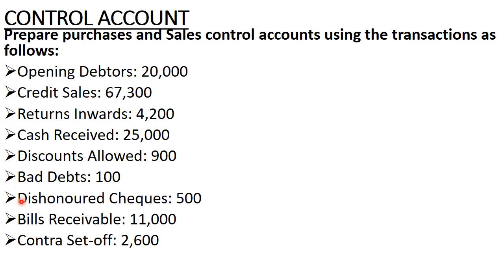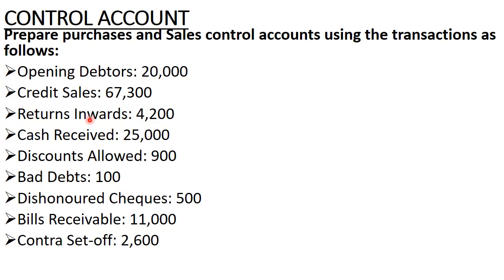Your job is to know which transactions are going to be entered in the purchases control and which ones in the sales control. That's the job. Okay, so opening debtors are people who owe you money, so this one is going to be in the sales control. Credit sales, this one also is going to be in the sales control.